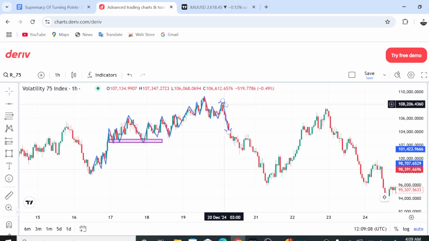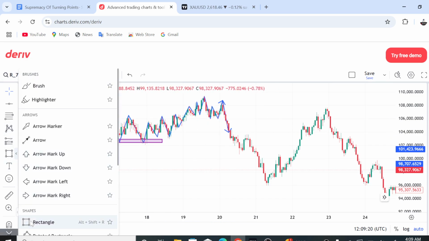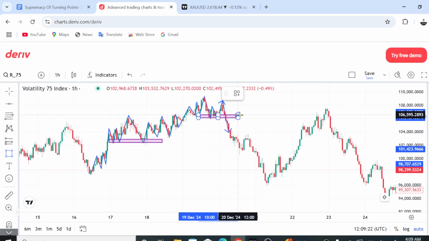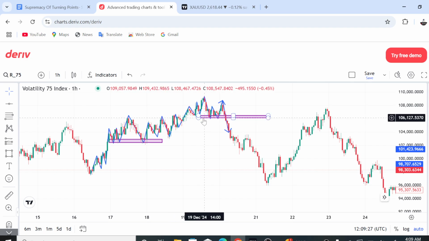Now when it made this higher high, it took out this low. So because there is now a change in sequence of price movement, it took out this low, not just by one candle, because most breakouts can be fake, right?